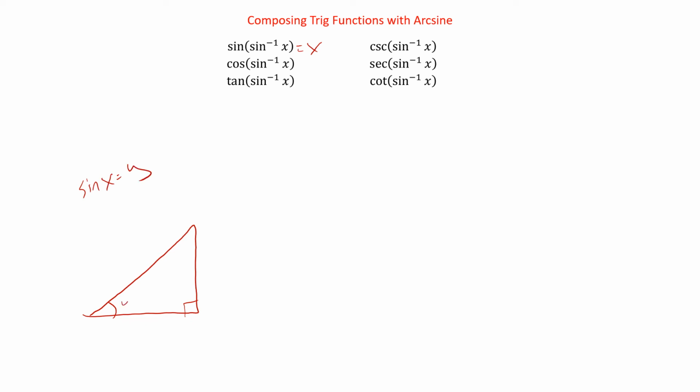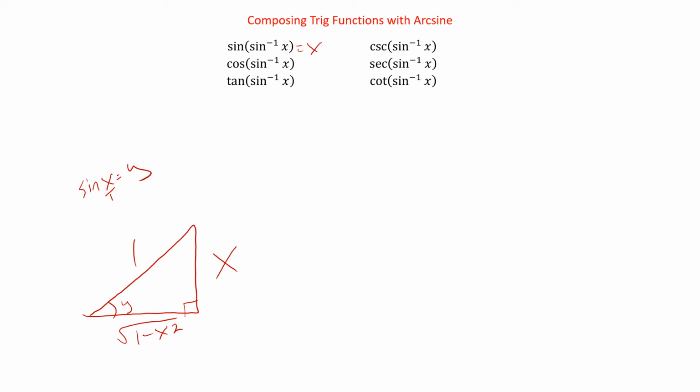Well, that y is the angle because the sine ratio, and this ratio is x over 1, is opposite over hypotenuse. If you do 1 squared minus x squared, it'll equal that other side squared. Square root, this side will be the square root of 1 minus x squared.